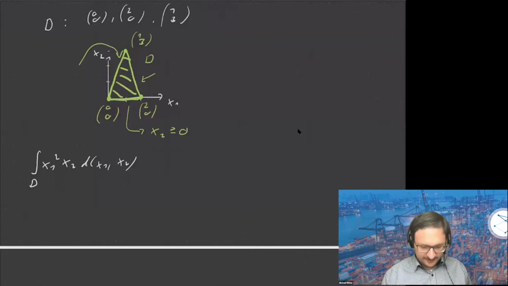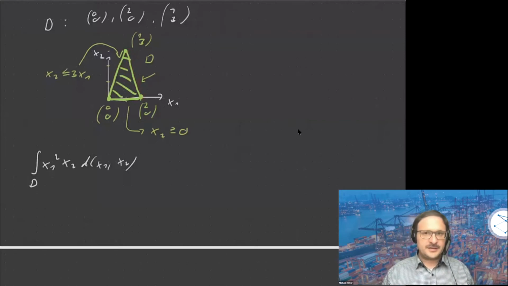So what we get here is the equation x2 is equal to 3 x1. So that's the equation of this line. And if you want the interior of that triangle, then we need to turn this into an inequality. Basically, x2 is allowed to take on values on the line and below the line, not above the line. So the corresponding inequality would be x2 is less or equal to 3 x1. And finally, there's this line here.